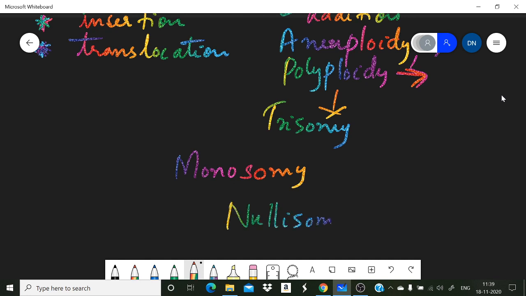Here trisomy means the 23 pairs of chromosomes is a normal set of chromosomes, 2n number of chromosomes, that is normal. But in trisomy there is one additional chromosome, that is 2n plus 1. This possesses one extra chromosome.